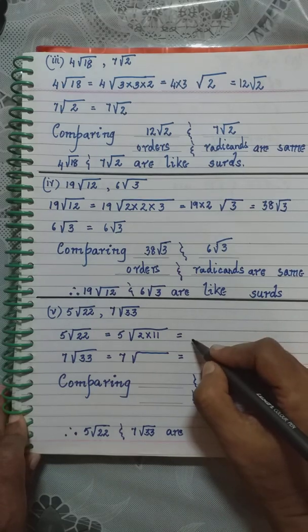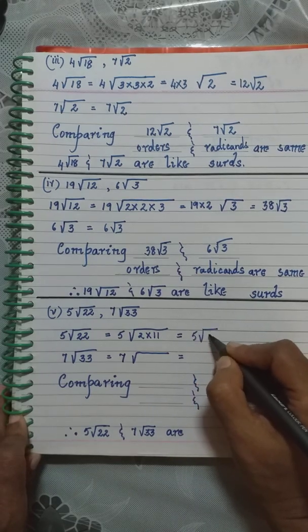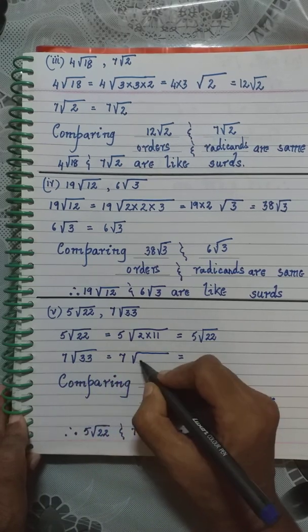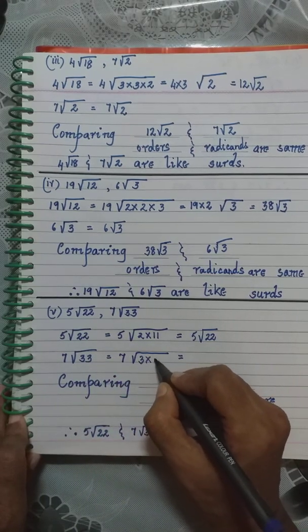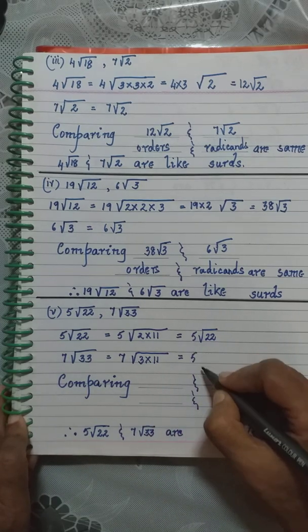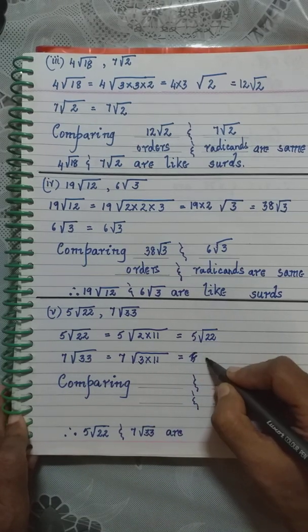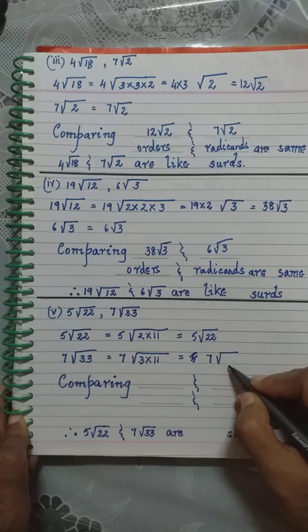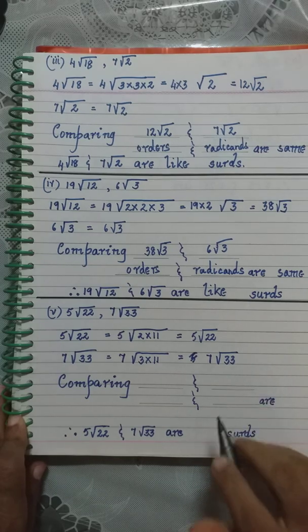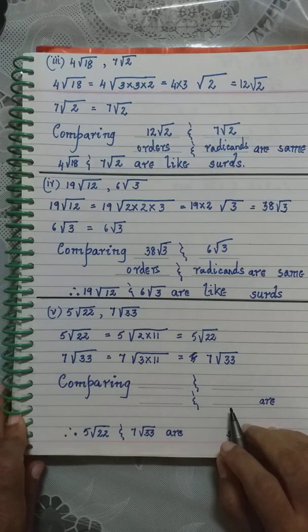No. So that means it remains as it is, 5 root 22. Same thing will happen here. 33 is nothing but 3 into 11. Do we have any pairs here? No. So this will be 7 root 33.